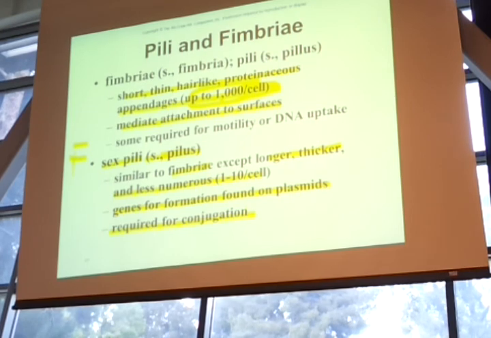Conjugation basically occurs when two organisms really bump into each other. It's actually really random, and then some type of chemical reaction occurs that causes a formation of this F pilus, if that particular bacterium has a plasmid that has those particular genes. Do you guys follow that?